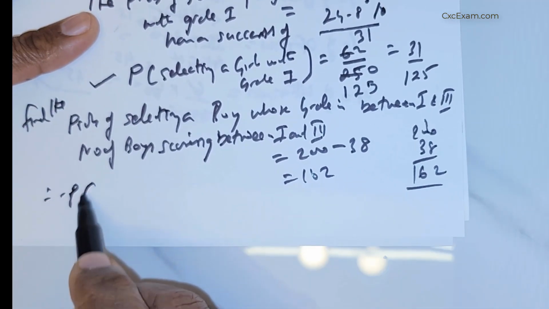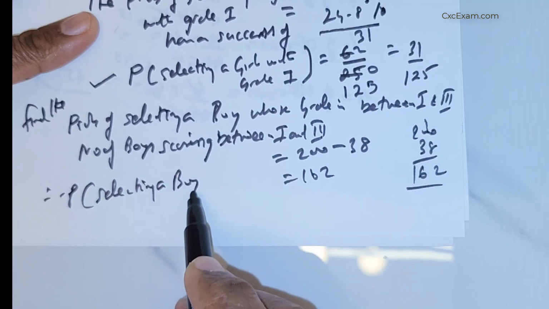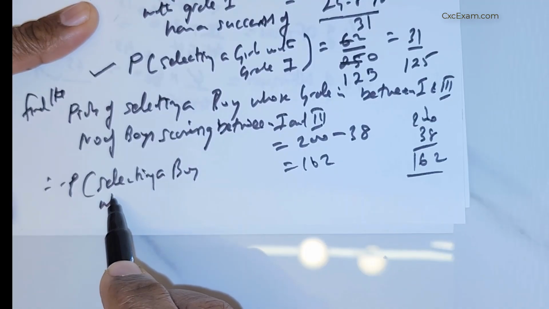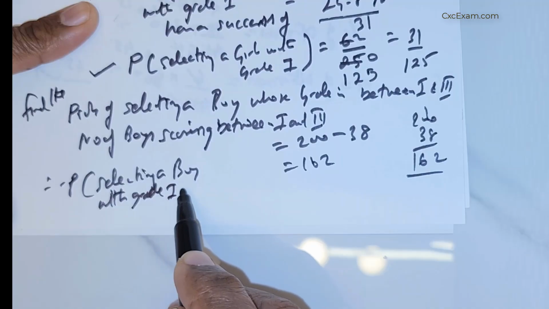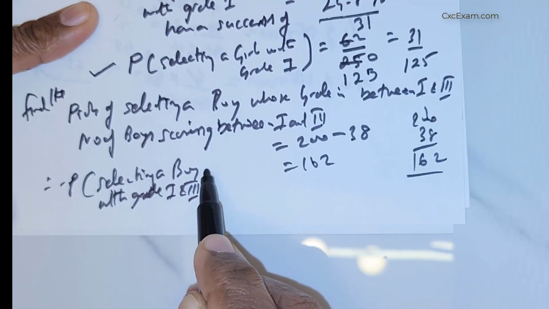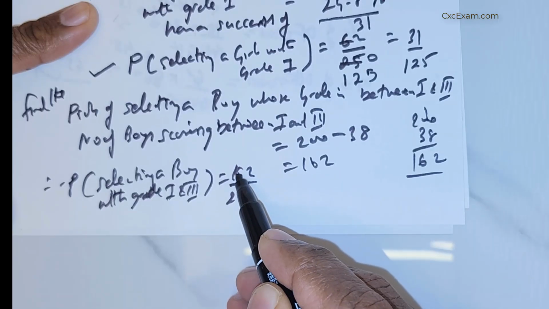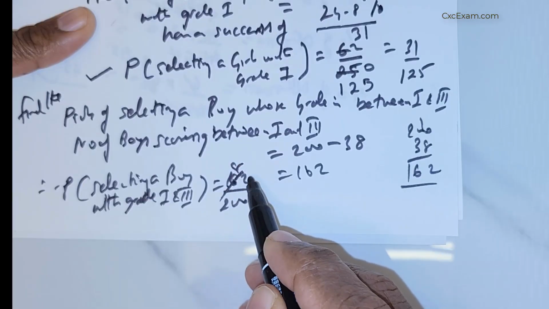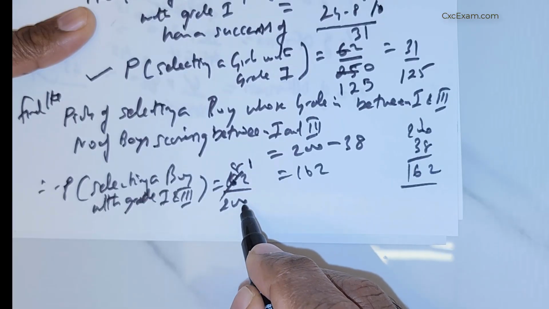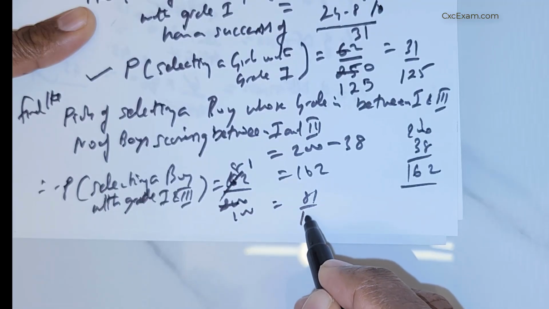So therefore the probability of selecting a boy with grade between 1 and 3 is 162 divided by 200 boys that are there, right? So 2 divides here 8 times, 2 divides here 1 time, 2 divides here 100, so it's going to be 81 divided by 100.